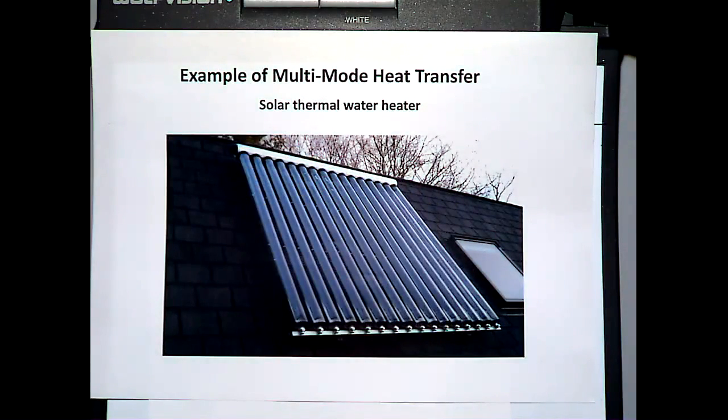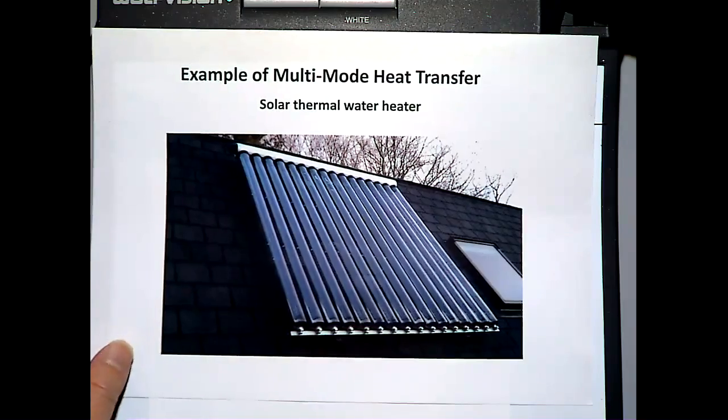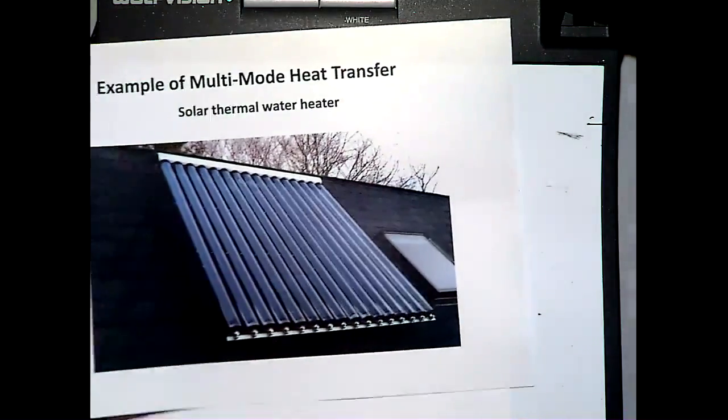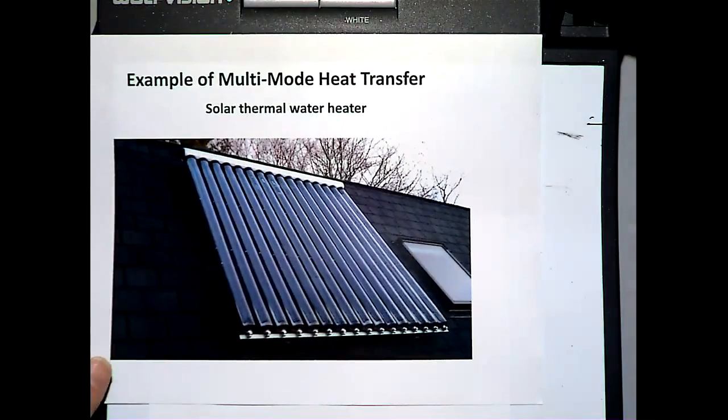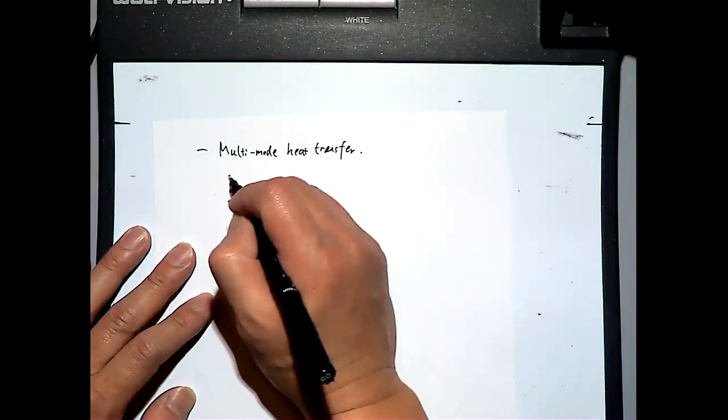Then it cannot be heated to a very high temperature, but it's enough for you to take a shower, or if you want to use warm water instead of cold water, right? So for this type of problem, it's a typical multi-mode heat transfer, and we can have a look at it.